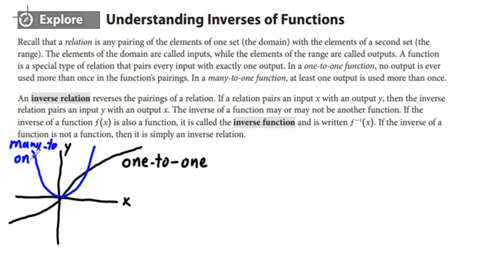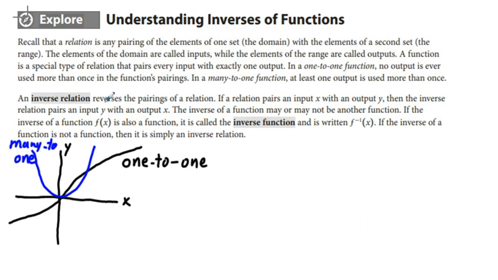And the reason is because if we make the inverse of this function, the inverse of this function will not be a function. So one-to-one is where you are increasing or decreasing over its domain, and many-to-one is where we will change from increasing to decreasing, or from decreasing to increasing, and have some twists and turns.